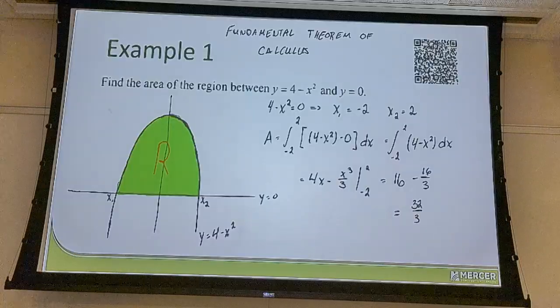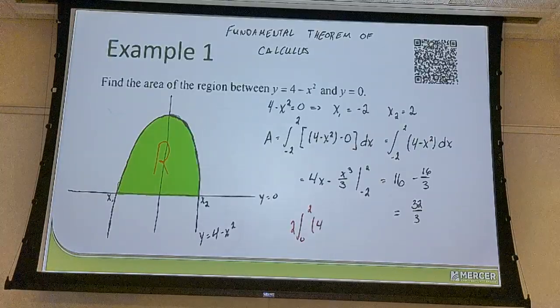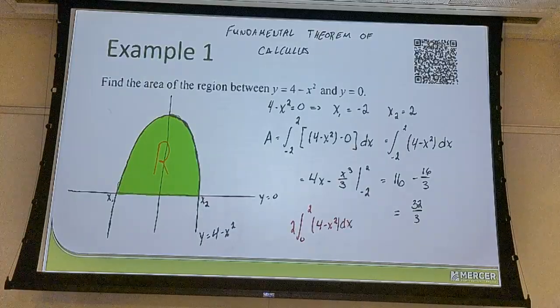That means that region will be symmetric about the y-axis, right? Means the two areas are equal. You just integrate from 0 to 2 and then double the result. Symmetry is going to play a very important role in Calc 2 and Calc 3. So get used to looking for it now.